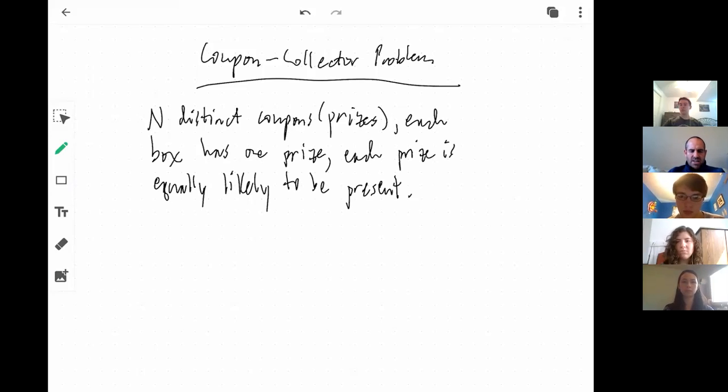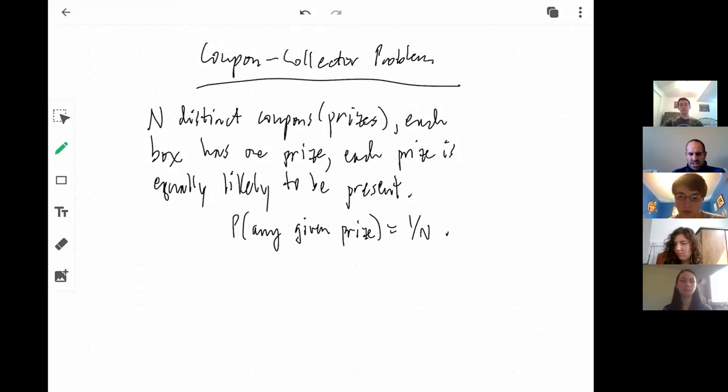So the probability of any given prize, that is if you purchase a box, is just 1 over N.